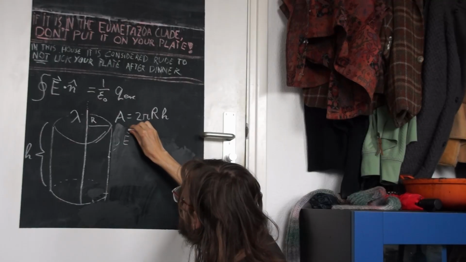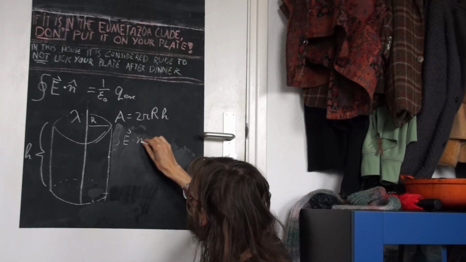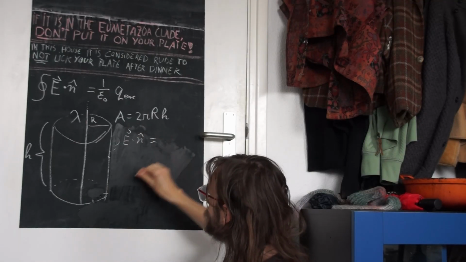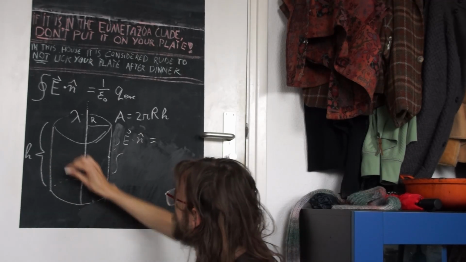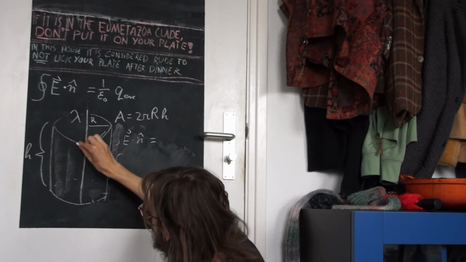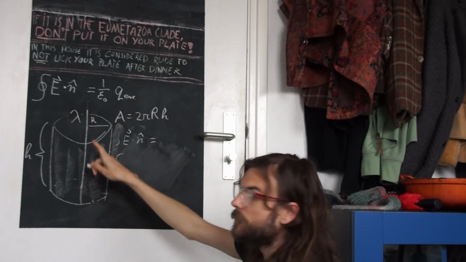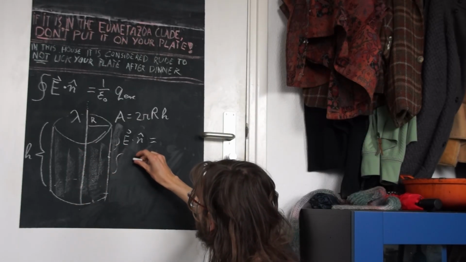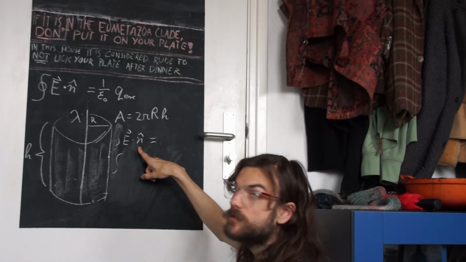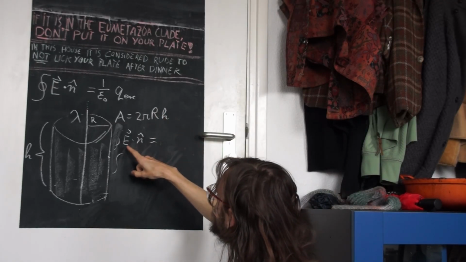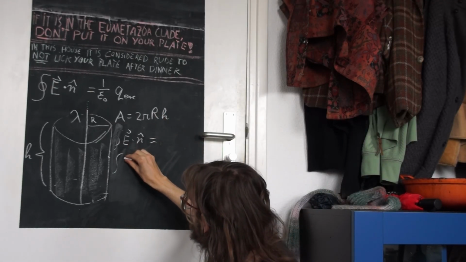Our flux integral is just going to be equal to the integral over the cylinder, without the top and the bottom. And on that cylinder, this product is just going to be the size of E, which we've also established.